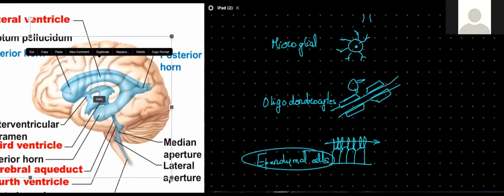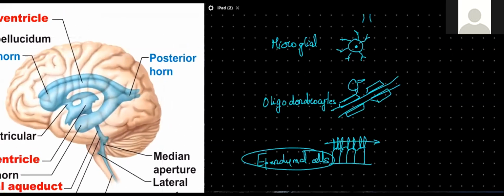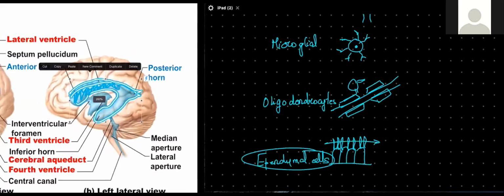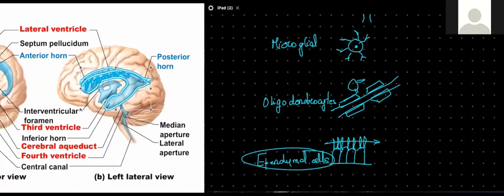If we're looking on here, those are going to be my lateral ventricles. Each of the lateral ventricles has 3 horns. I have the anterior horn, posterior horn, and on the side here you've got the inferior horn.